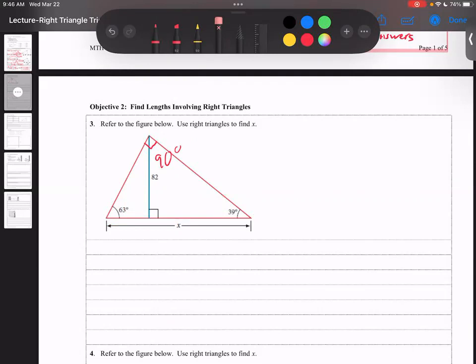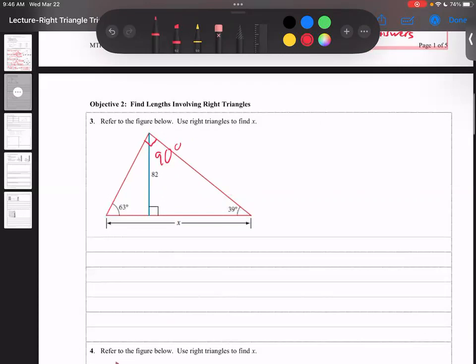What's 63 plus 39? 102. So the remaining one should be 180 minus 102, which is not 90. Whatever it is, it's not 90.